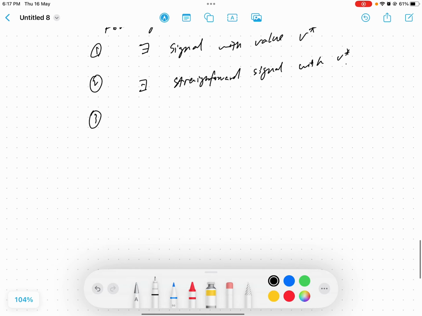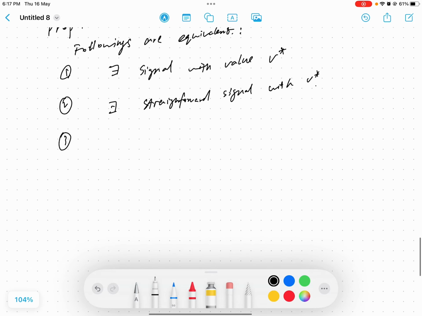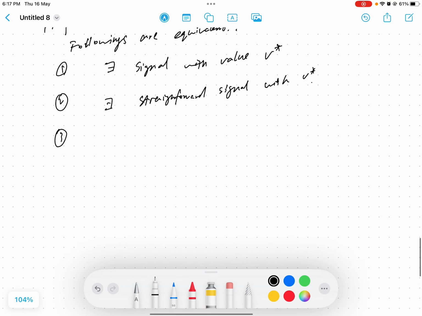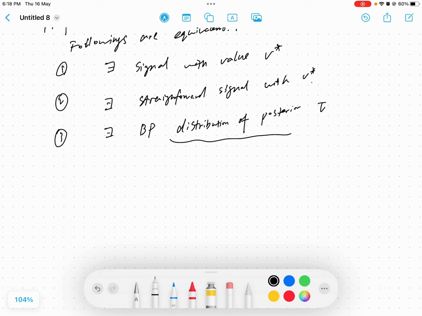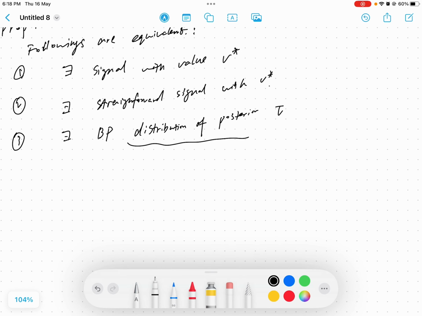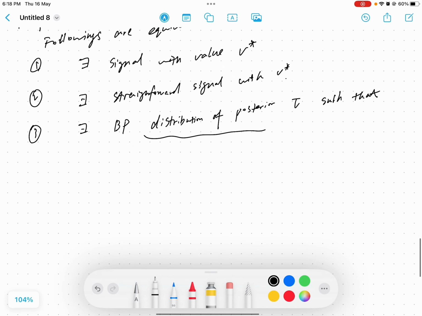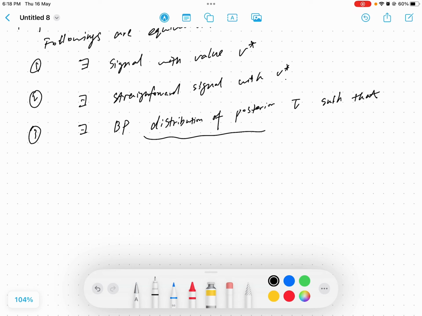Okay, and the third thing, which is equivalent to both of the above, is that there exists a Bayes plausible distribution of the posterior tau. Okay, so tau is a distribution of posterior. So this tau is such that, and of course it has to do something with this V star, right?